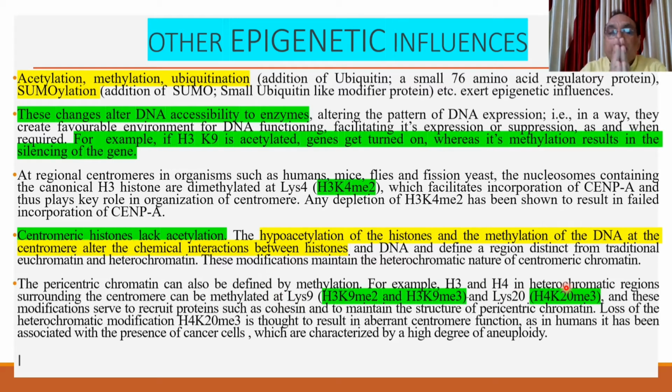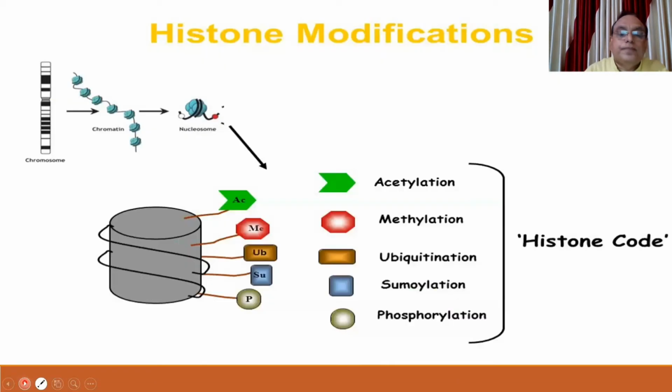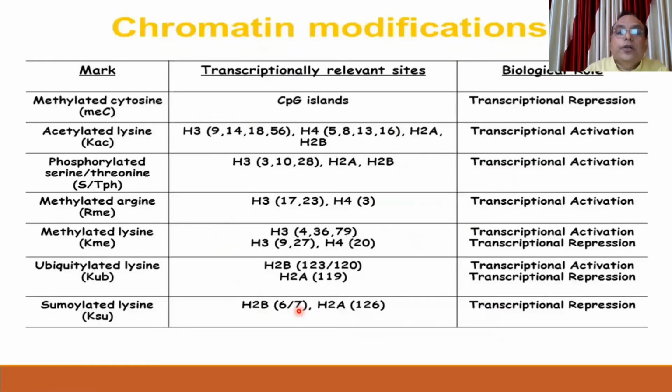They cannot be arranged biradially on the equator, and ultimately they will be segregated in an anomalous way, leading to aneuploidy, which may result in cancer and other diseases. So here you have seen methylation, acetylation.